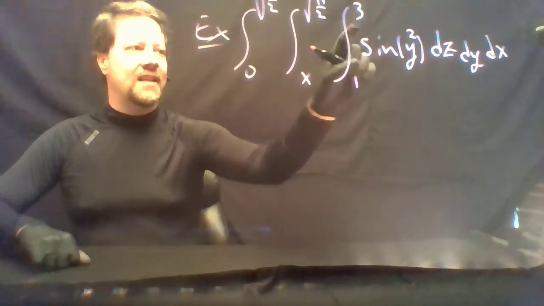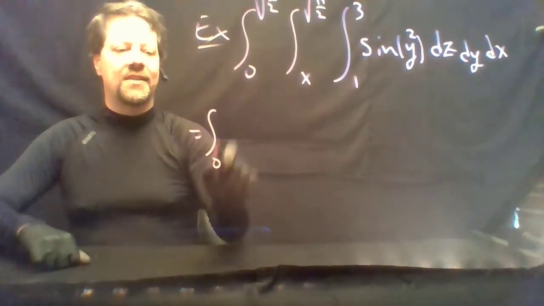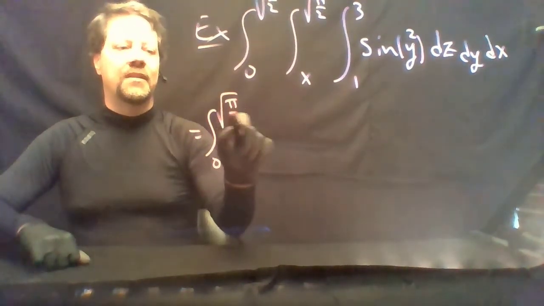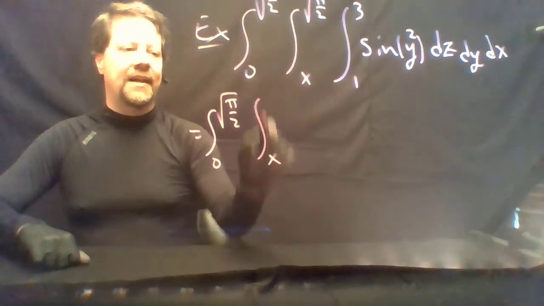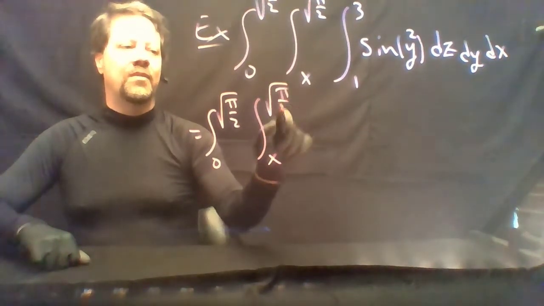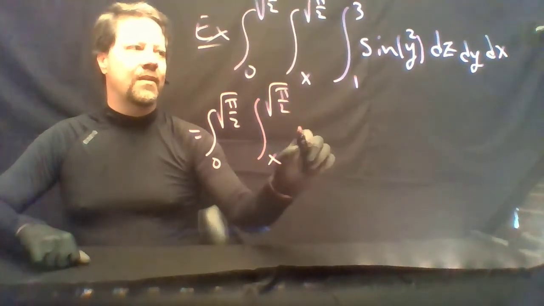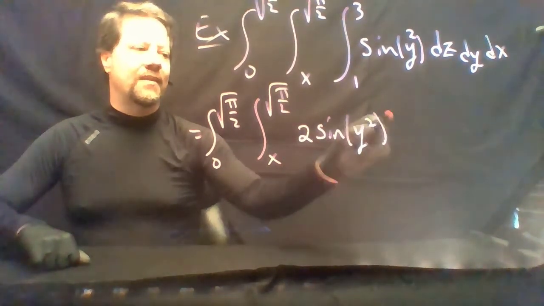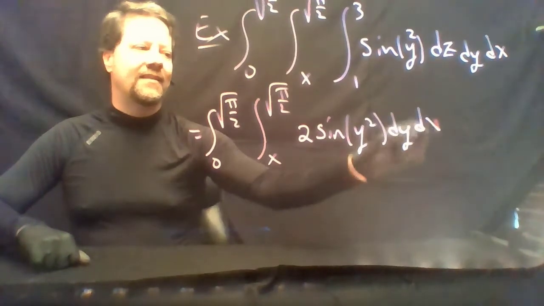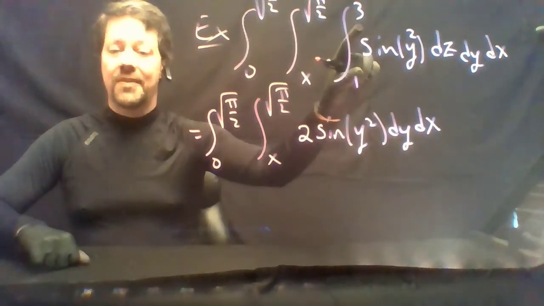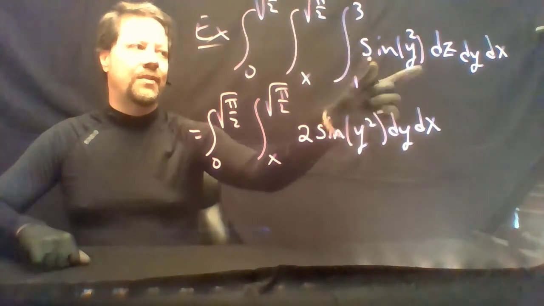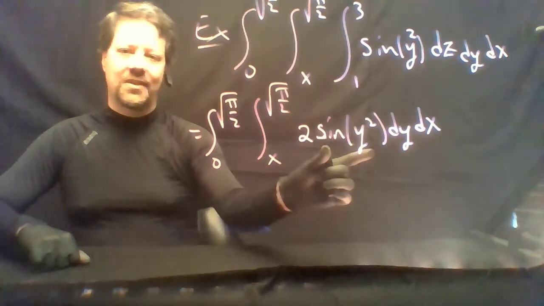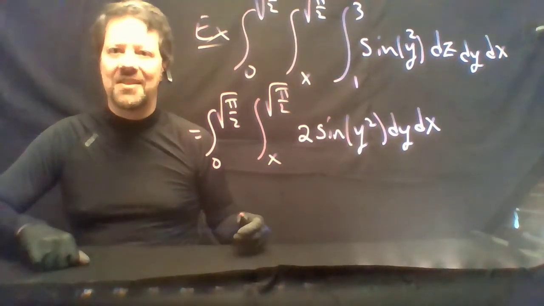That constant times its interval length gives us the integral from 0 to root pi over 2, the integral from x to root pi over 2, and then twice the sine of y squared dy dx. Twice because 3 minus 1 is 2, 2 times the height, which is the function value, being constant with respect to z.